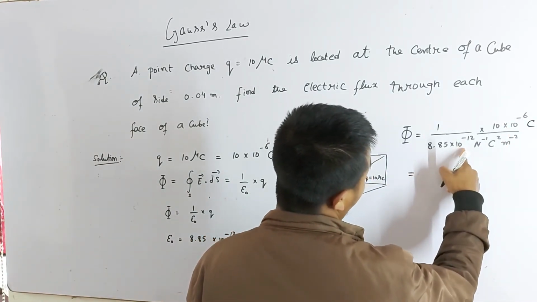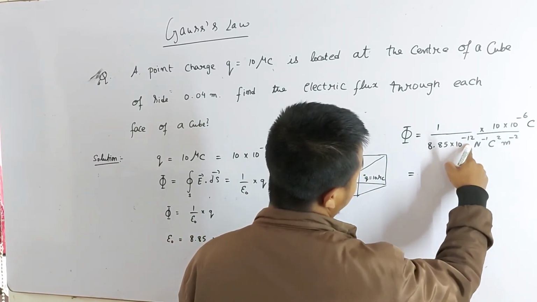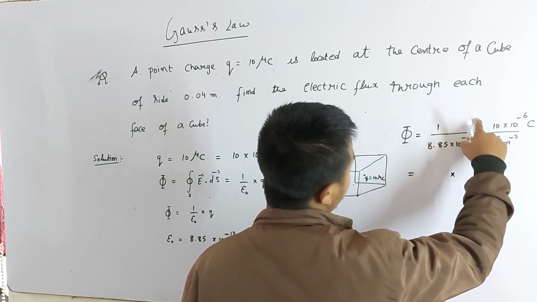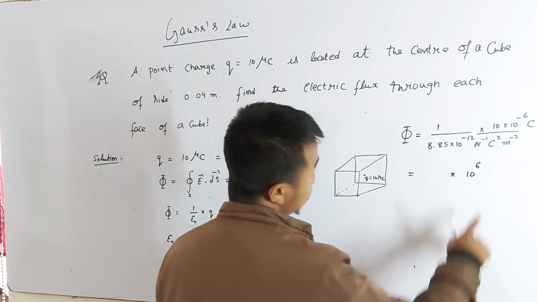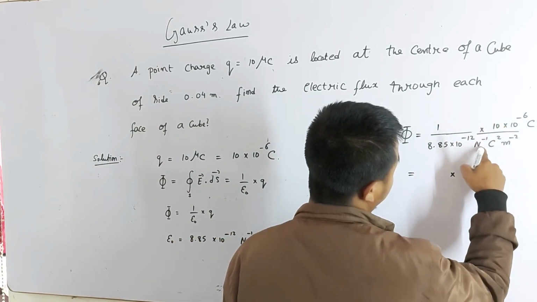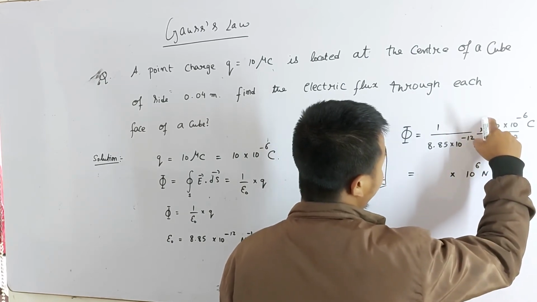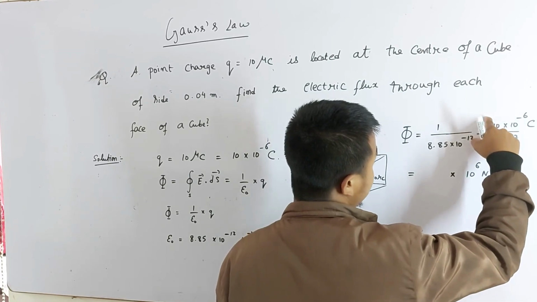If we take this 10 to the power minus 12 to the numerator, it becomes 10 to the power plus 12. Then plus 12 and minus 6 become 10 to the power 6. If we take this N, we get N. If we take N to the numerator, we get C to the power minus 2. If we take this C square to the numerator, it becomes C to the power minus 2.